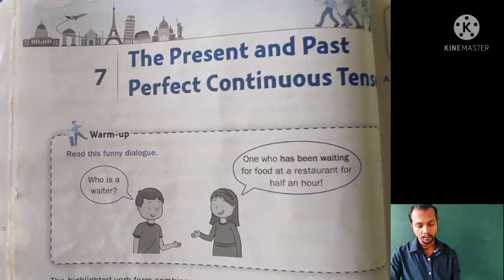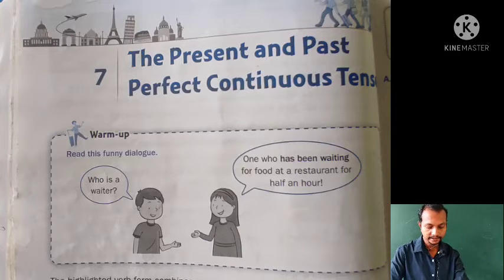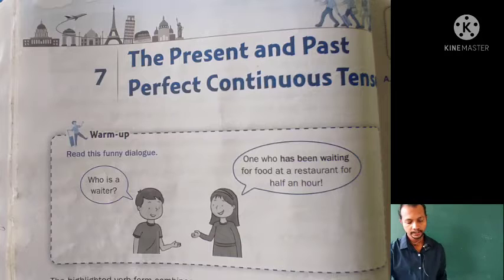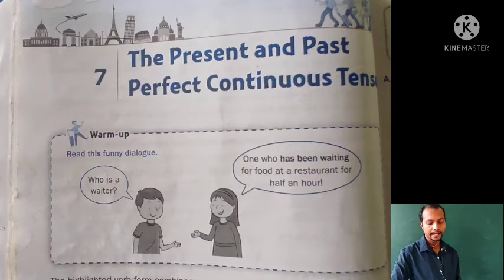To start with, in the warm up part you can see the dialogues like who is a waiter, and the reply to that sentence follows: one who has been waiting for food at a restaurant for half an hour. Dear friends, here in this sentence we can see has been waiting is highlighted.